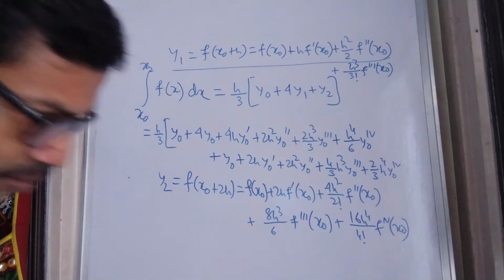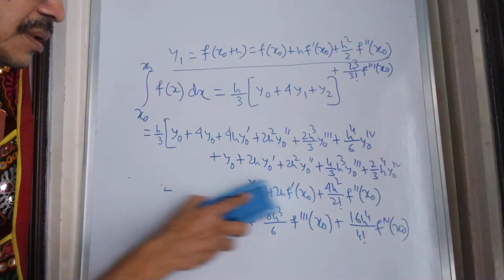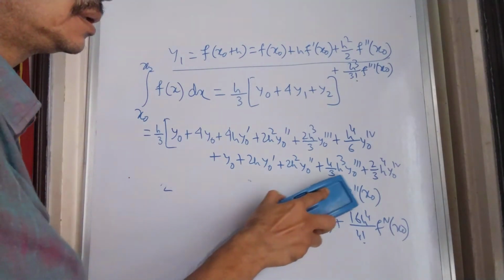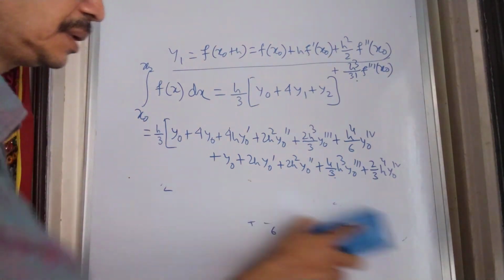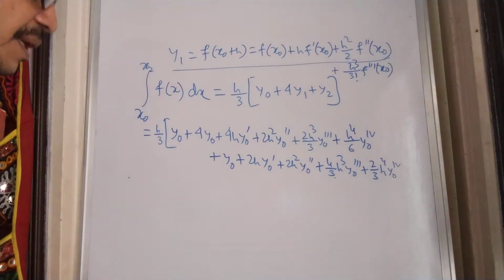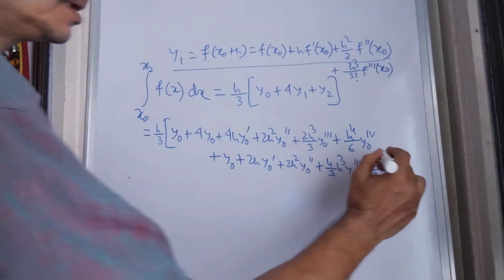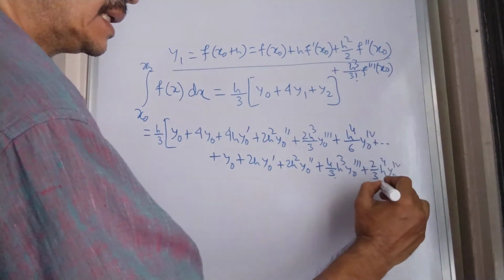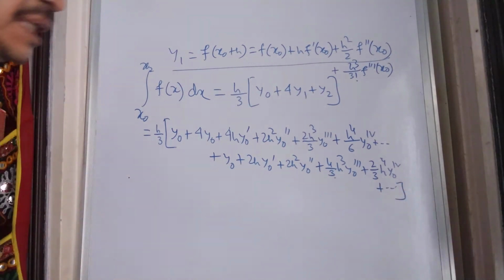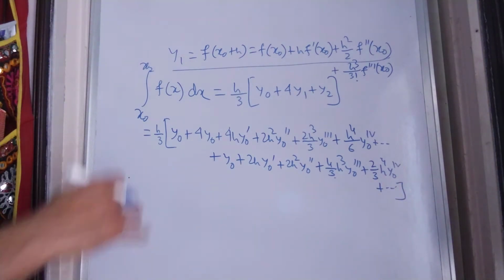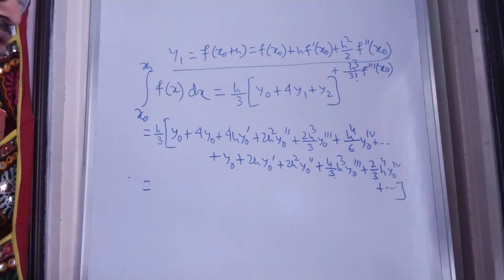Okay, so I am wiping it out. And see that we have not written any terms beyond y0 to the power 4 for reasons which will be apparent.